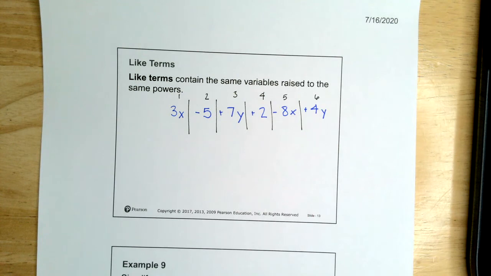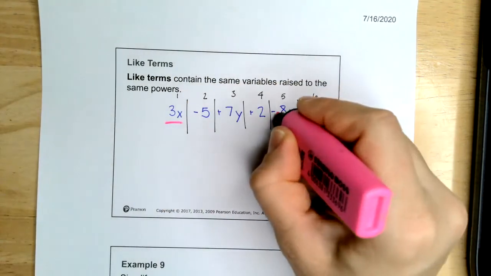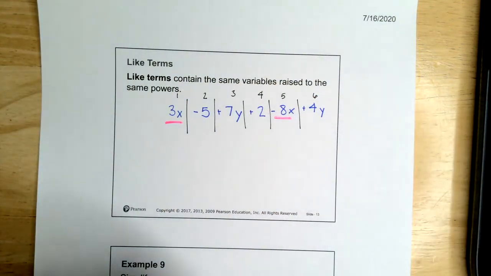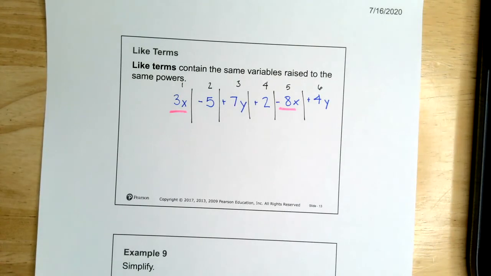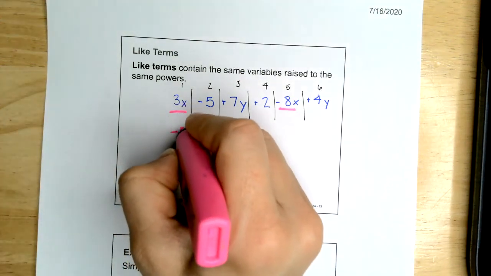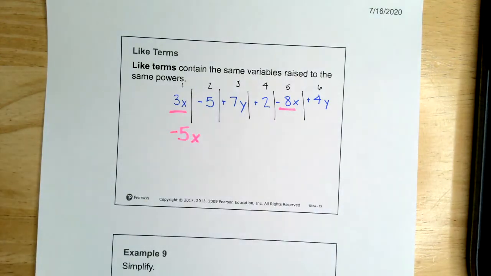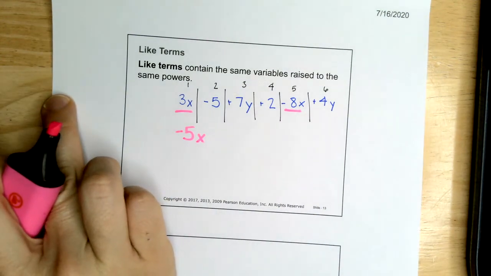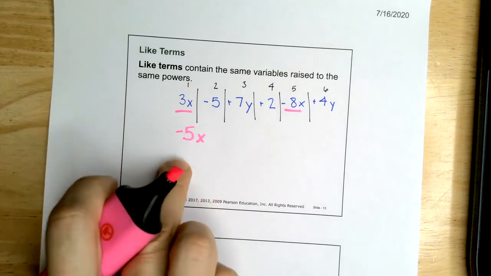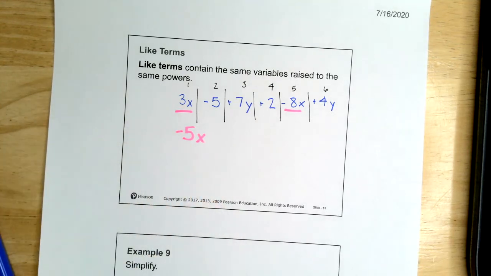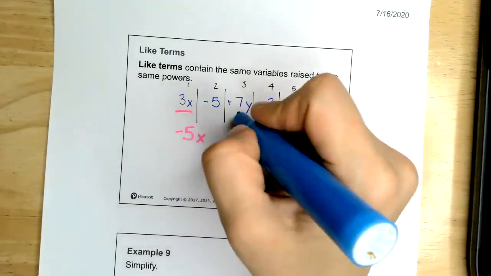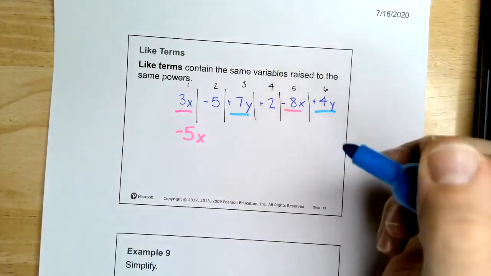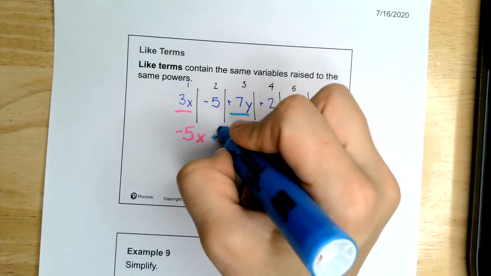Like terms will have the same variables raised to the same powers. So those two are like terms, 3x and 8x, and now I can combine them: 3x minus 8x. That's just saying 3 minus 8, and then I'll add the x in. 3 minus 8 is negative 5. So I had 3 x's, and then I subtracted 8 x's. Now I have negative 5 x's. 7y and 4y, I'm going to get 11y.